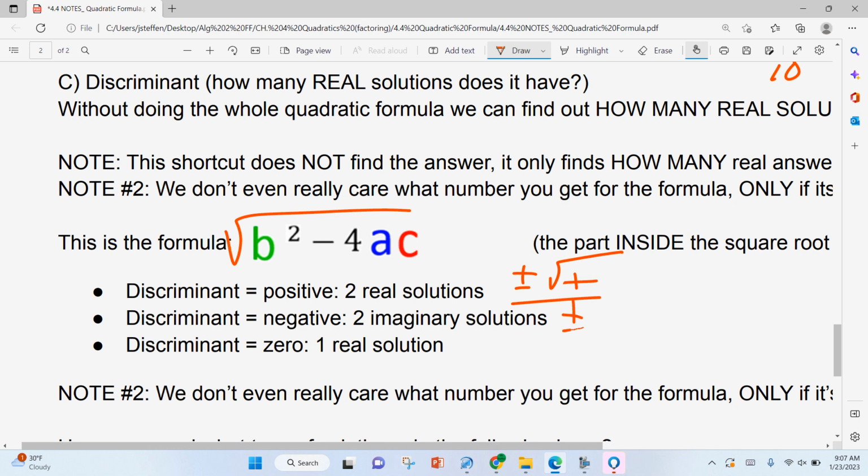If it's the square root of a negative number, well, that's going to give you imaginary numbers. And if it's 0, you're going to end up getting 1 answer, just like we did on that number 8 example. So again, that's why you have this little shortcut. If that doesn't make any sense, just trust me, baby birds. We don't even care what number we get as long as we know.